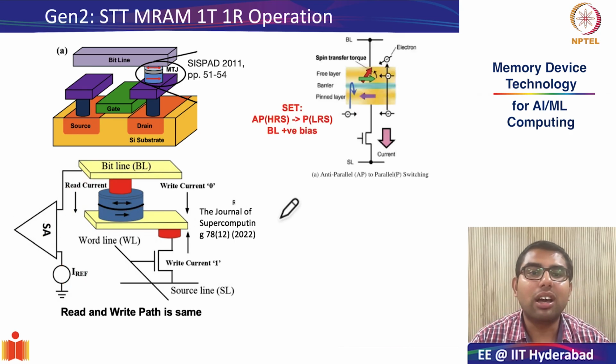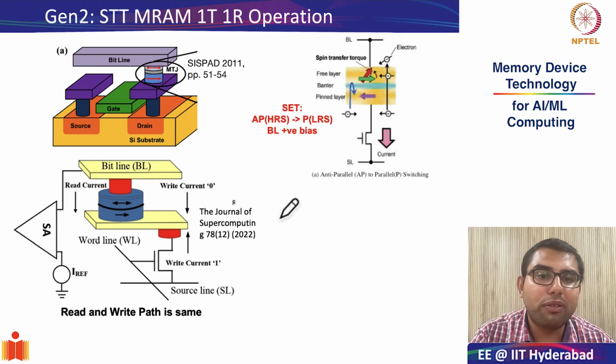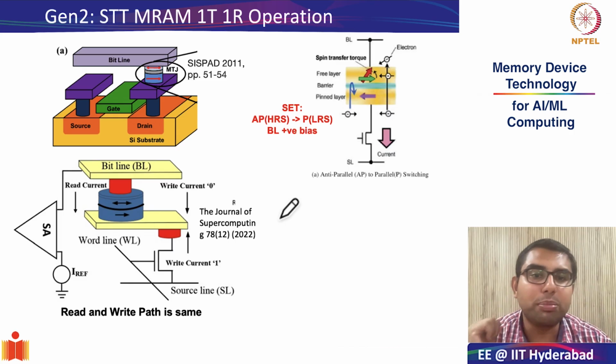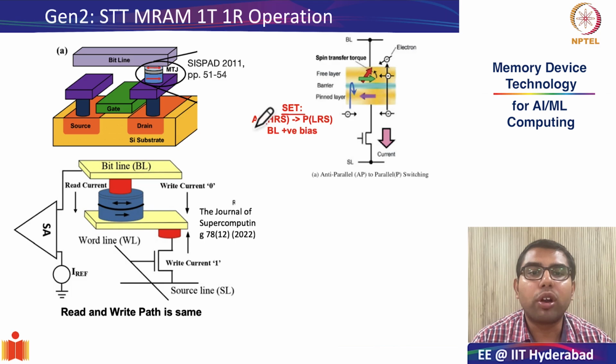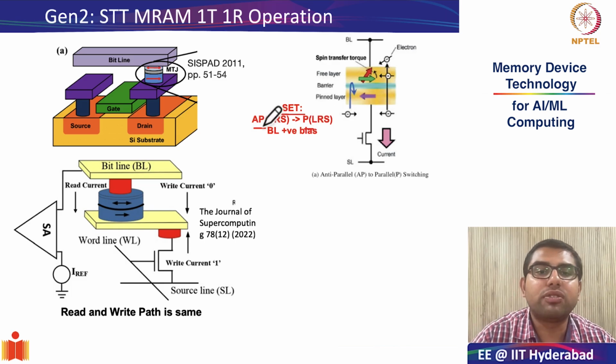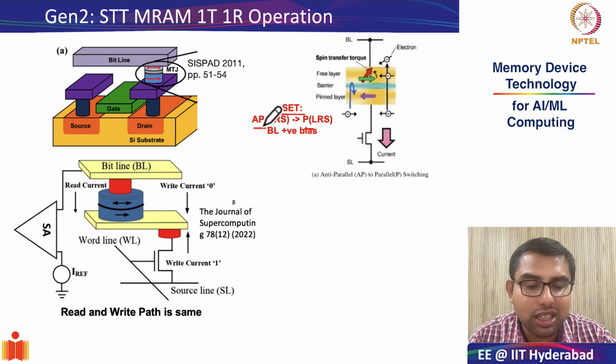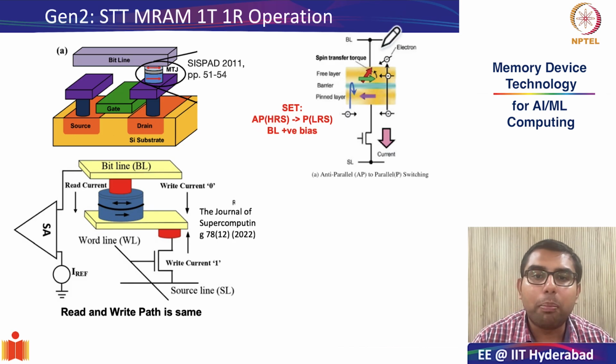Let us look at the write operation a little bit more carefully, thereby revising our concept of spin transfer torque. In the set cycle, you have to go from the anti-parallel state to the parallel state, therefore switching the device from high resistance state to low resistance state. This is done by applying a positive bias on the bit line, whereas you keep the source line grounded.